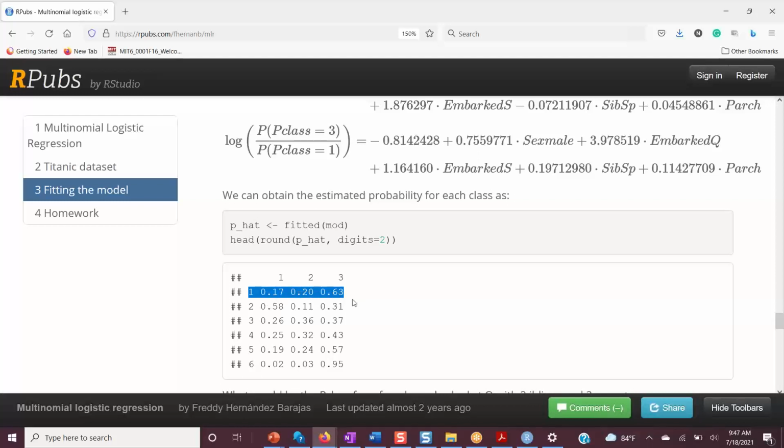Given this probability, this is the predicted class: passenger class 1, passenger class 2, and passenger class 3. Which has the maximum here? For the first observation, which has the maximum? Class 3. That means, based on the model, the first observation is predicted to belong to class 3.